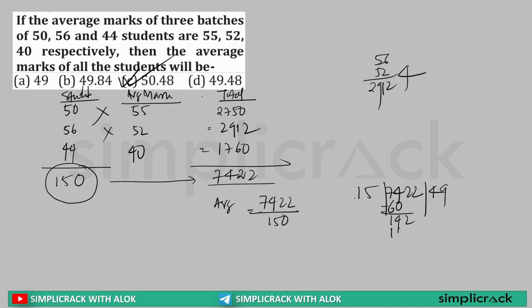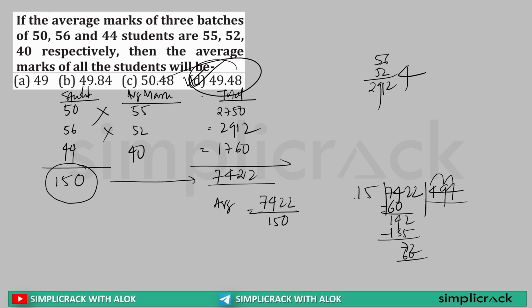So it is 15 9s are 135. 142 minus 135 is 7. Again 15 5s are 75, so I cannot use 15 5. So I'll be using 15 4s are 60. Now before proceeding further, what are the numbers I'm getting? 494. So in the options I should be searching for 494. So the option is option D.